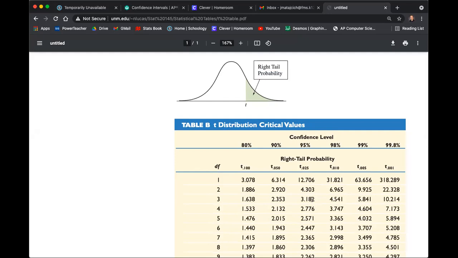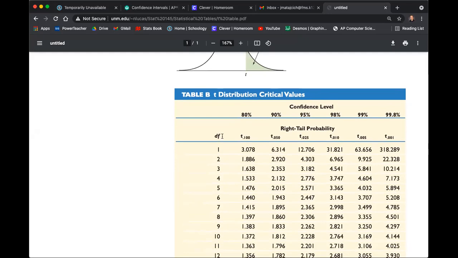In our situation, we had 9 degrees of freedom, and we wanted to build a 95% confidence interval. So that's the fourth column, I guess. These two things intersect right here, which means we have a critical value of 2.262. And that's really all there is to using this table.